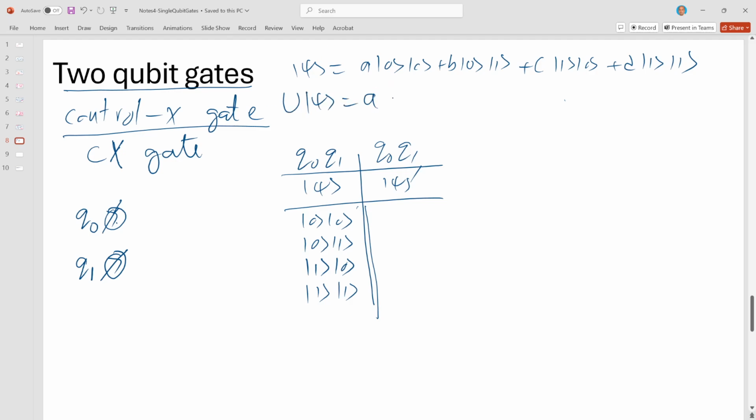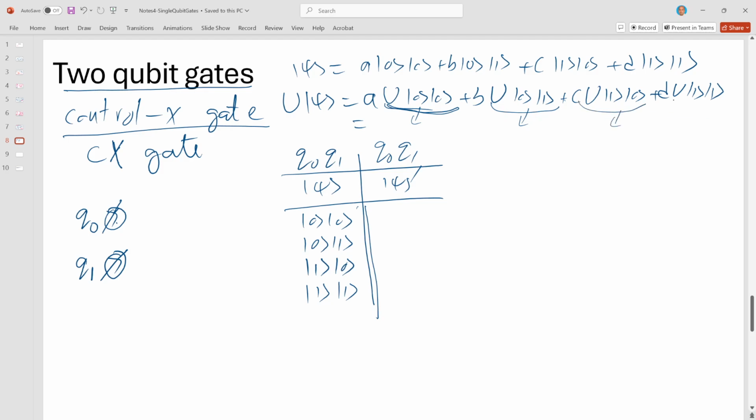Because of linearity, this gate gets applied to each of the individual states. So to find the output, all I have to know is what the output of this term is, and this term, and this term, and this term, and I'll be able to find the total output. So all we need to know is what happens to computational basis states.